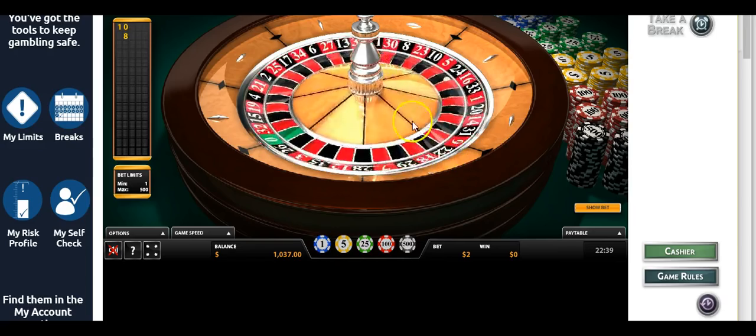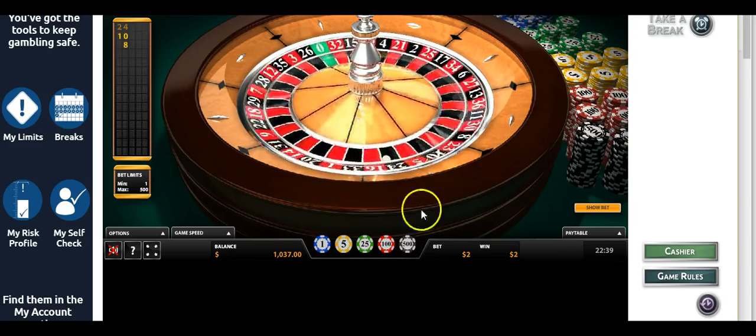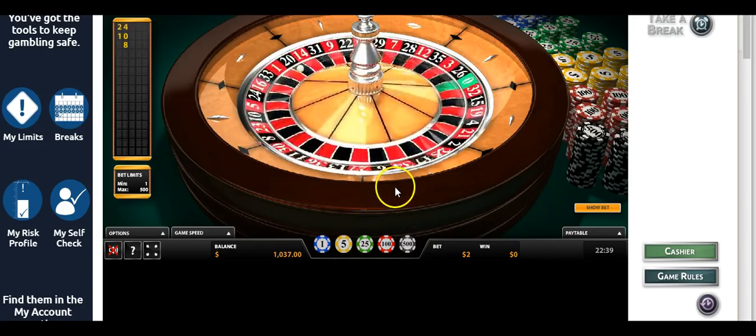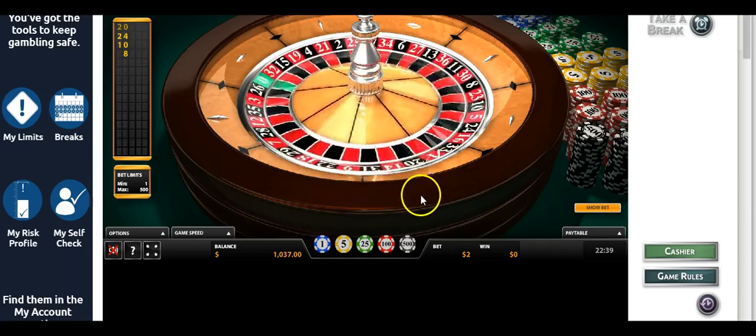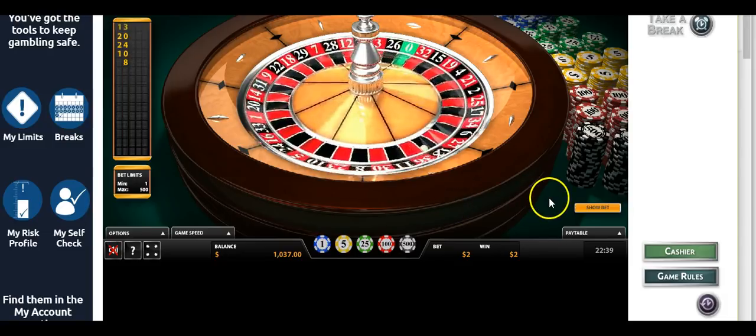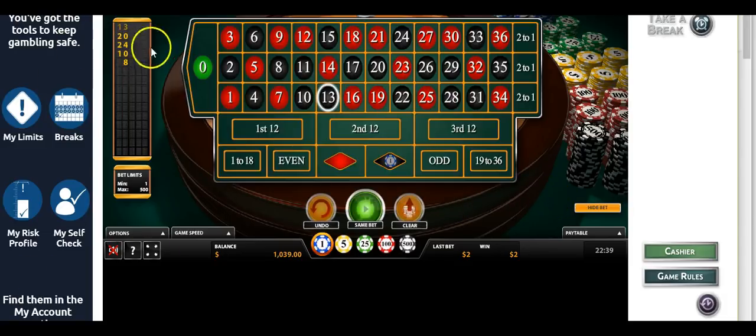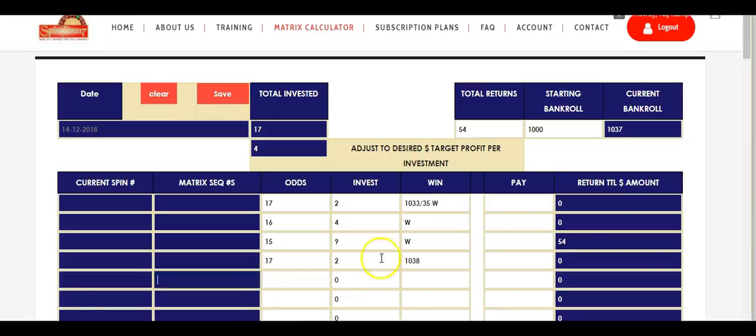Okay, so I'm going to spin a few times again. Choose a number. Okay, we're going to start here. I'm just choosing one of these numbers in the sequence for it. So your first bet's going to be 2.